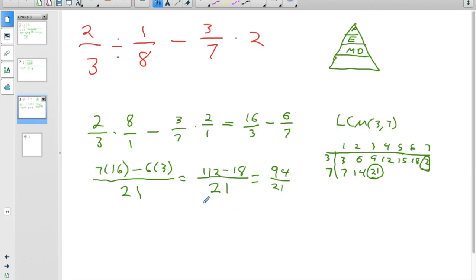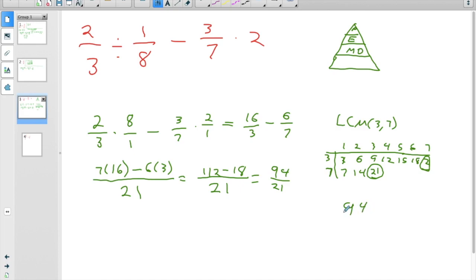So we need to figure out, is this divisible? Does this have a common factor? Well, we know it's not 3 because 21 is divisible by 3, but 94 is not. So it might be 7, because that's the only other possibility, right?